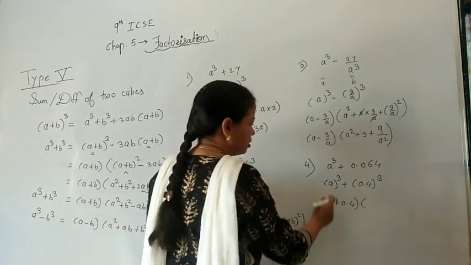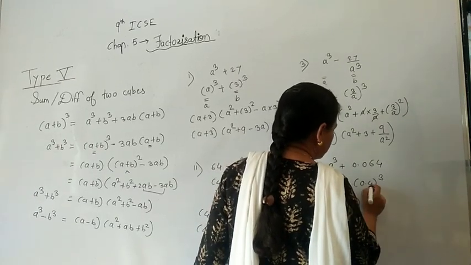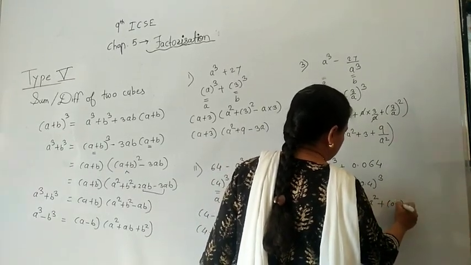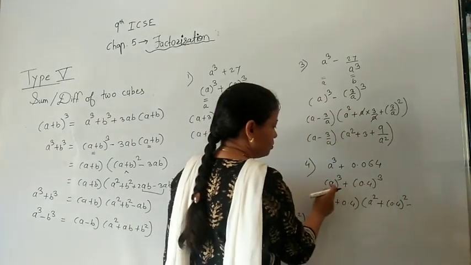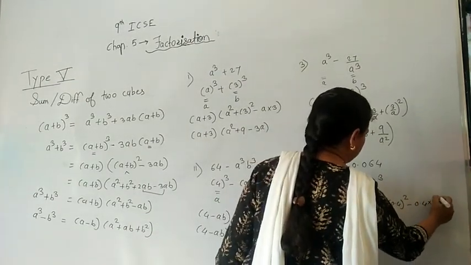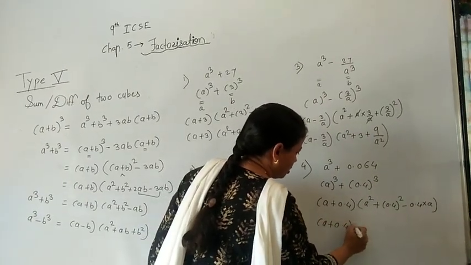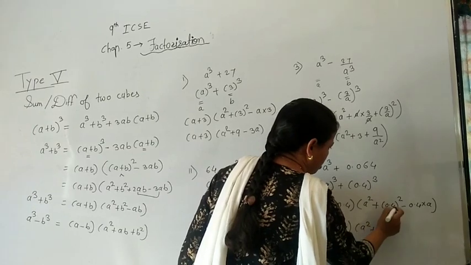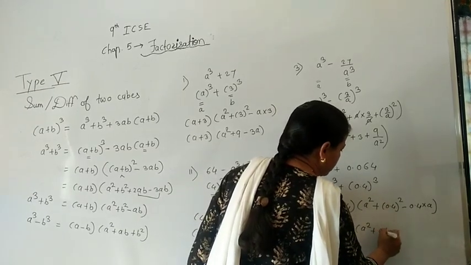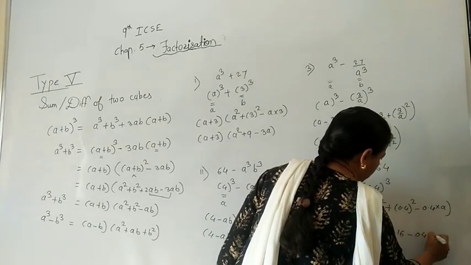In other bracket, a square plus b square minus ab means a into b. So 0.4 into a means a plus 0.4, a square, 4 square means 16, so 0.16 minus 0.4a.